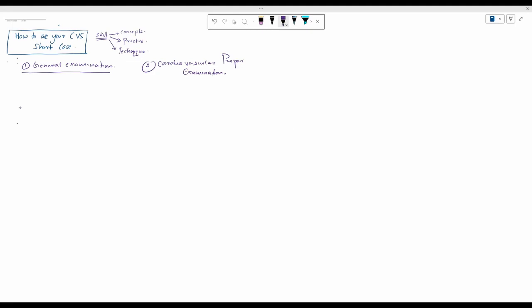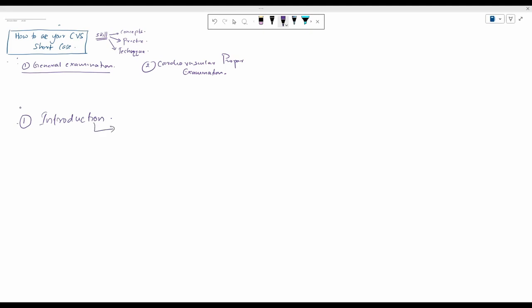So under general examination, number one, you need to introduce yourself, right? Introduction. So basically, introduce yourself and explain the procedure to the patient. So here you are ensuring proper positioning of the patient and adequate exposure.